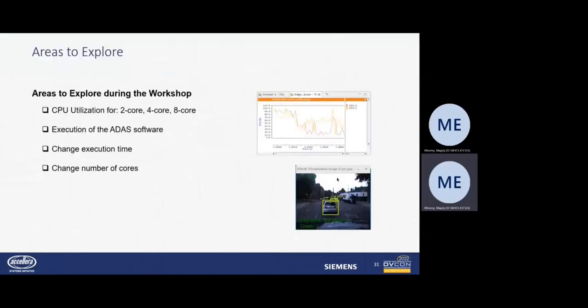By performance here, we targeted the CPU utilization specifically, because performance means a lot of things. And our target was to determine the CPU utilization for 2-core, 4-core, and maybe 8-core for the same application. We need to change the number of cores and see how this would reflect on the performance, here CPU utilization.